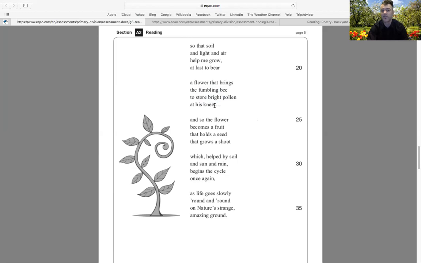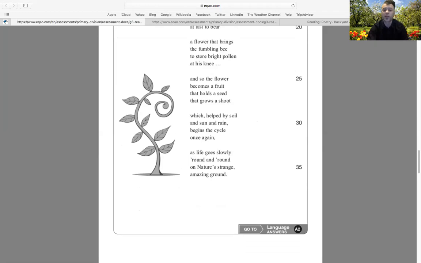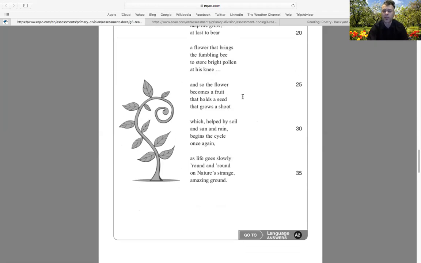I don't know if they have knees like human beings. So I think that's a bit of personification there. And so the flower becomes a fruit that holds a seed that grows a shoot. Again, we have some rhyme there. Which helped by soil and sun and rain begins the cycle once again.